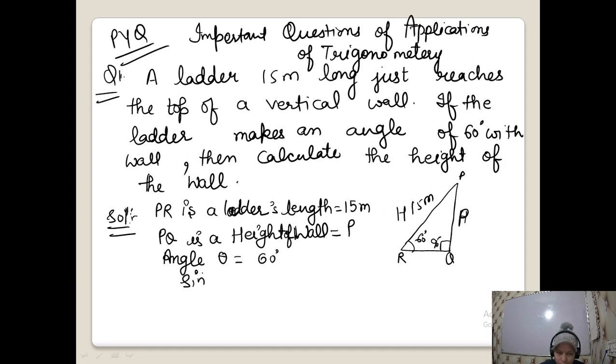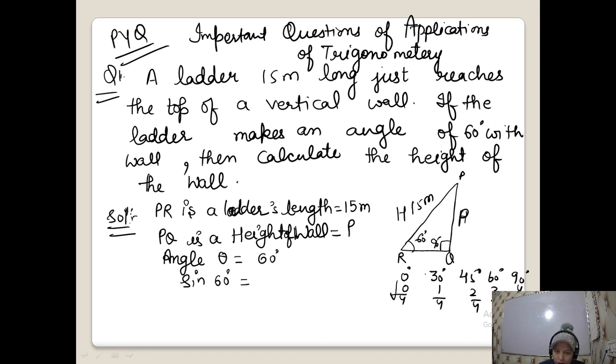Sin 60 degree is equal to, you can see from this table what's the value of sin 60 degree. 0 degree, 30 degree, 45 degree, 60 degree, 90 degree. 0, 1, 2, 3, 4, each divided by 4.